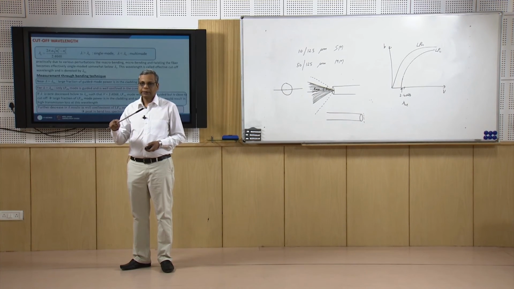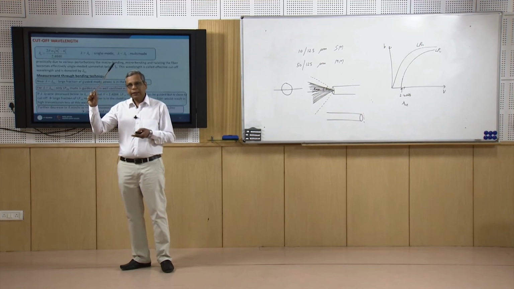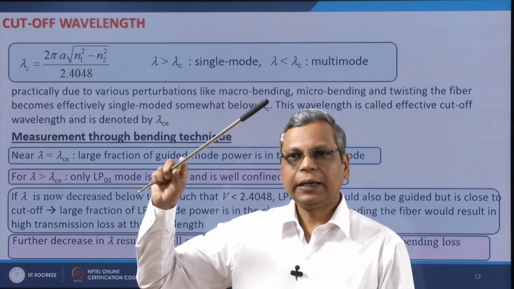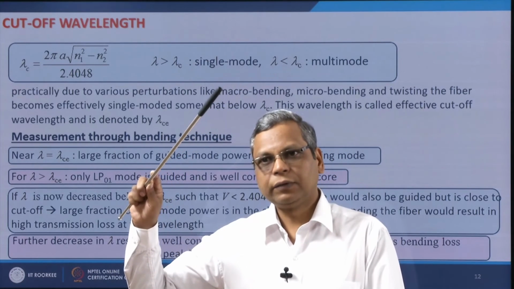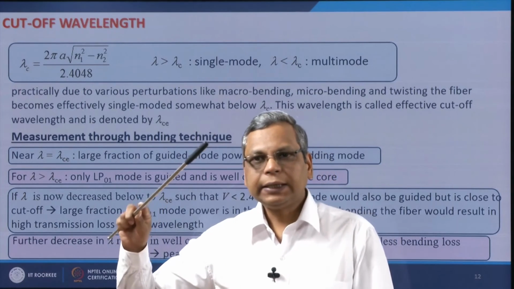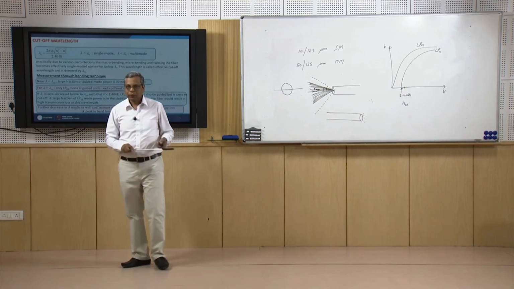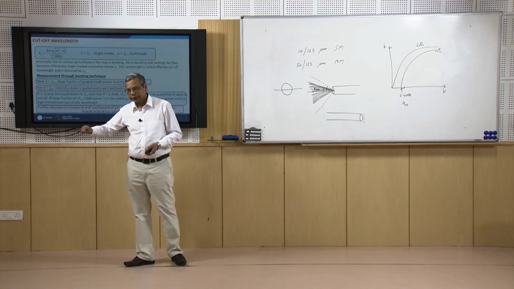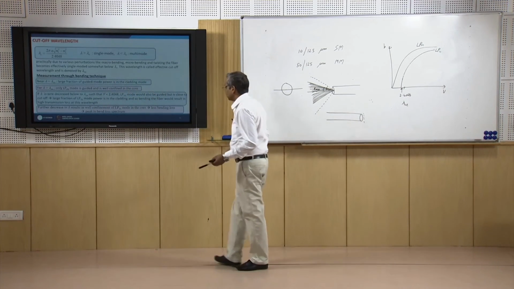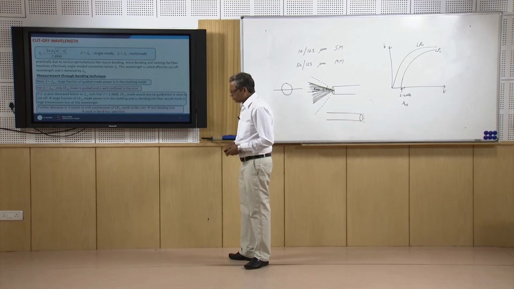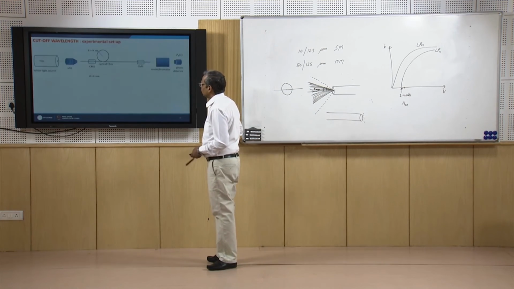As I decrease the wavelength, the bend loss will increase, and when I am near the cutoff, it will start increasing like this, and then the bend loss will keep on increasing, but a further decrease in lambda will result in power confinement only due to the LP01 mode, and then it will decrease, because the LP01 mode is less susceptible to bending, because most of the power is in the core. So, I expect a peak in the loss curve.